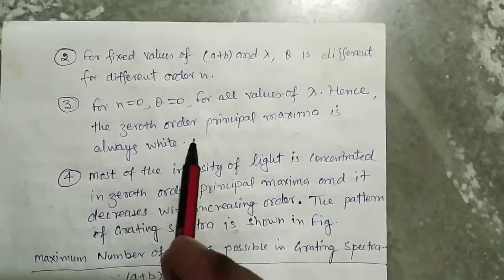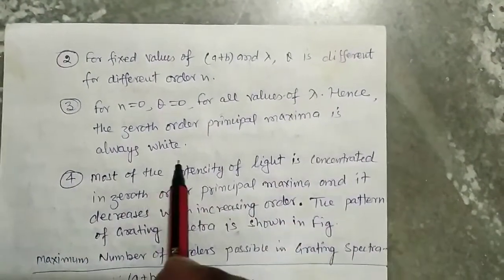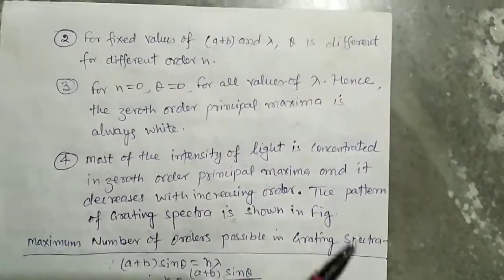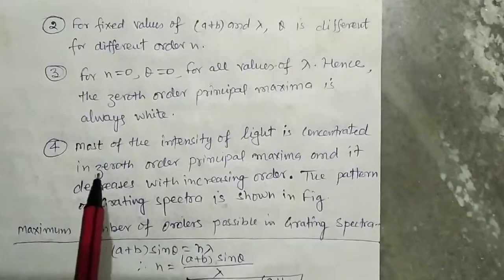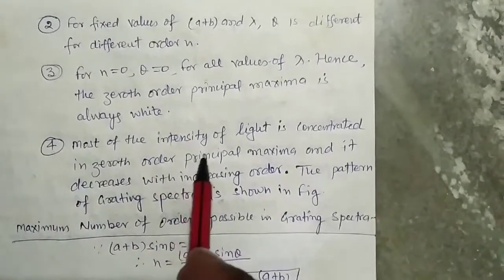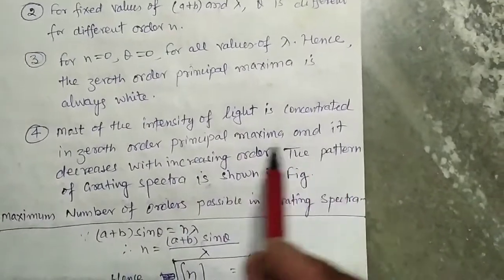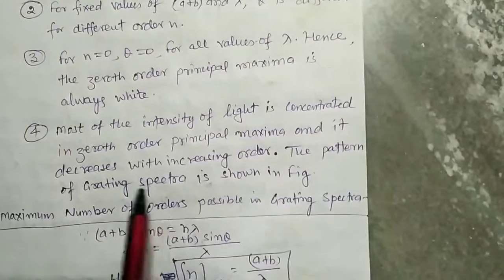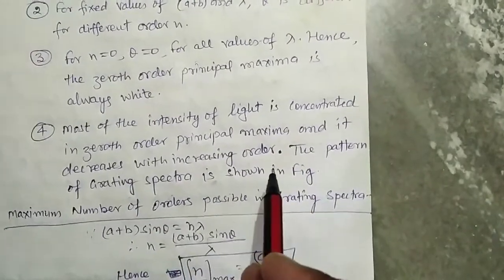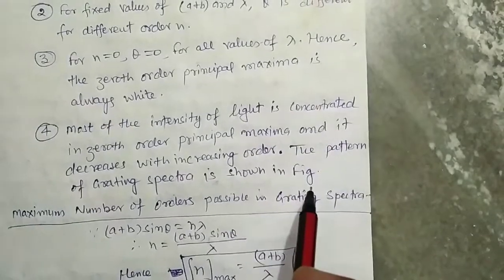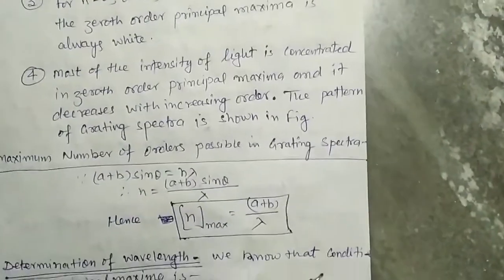Hence the zeroth order principal maxima is always white, since all the wavelengths fall on the zeroth order. Next, fourth point. Most of the intensity of light is concentrated in the zeroth order principal maxima, and it decreases with increasing order. The pattern of grating spectra is shown in the figure as we have shown on the last page.